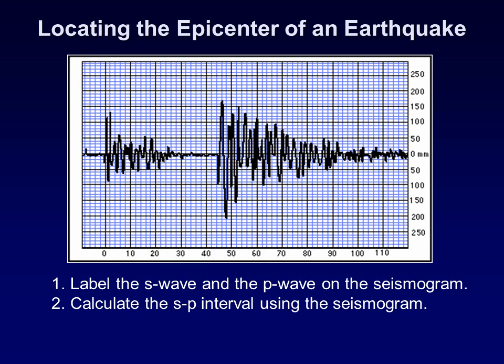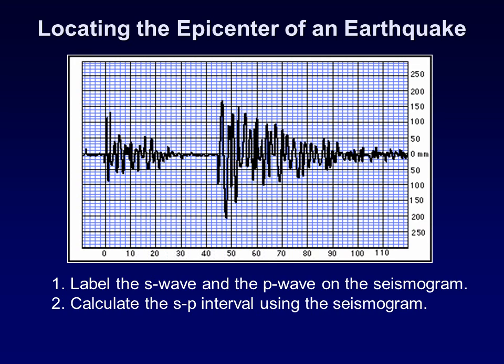So the amount of time between the arrival of our primary wave and the arrival of our secondary wave is called the SP interval. All you have to do to calculate the SP interval is take the arrival time of our S wave, which in this case is 44 seconds, and subtract the arrival time of our P waves, which is very easy.